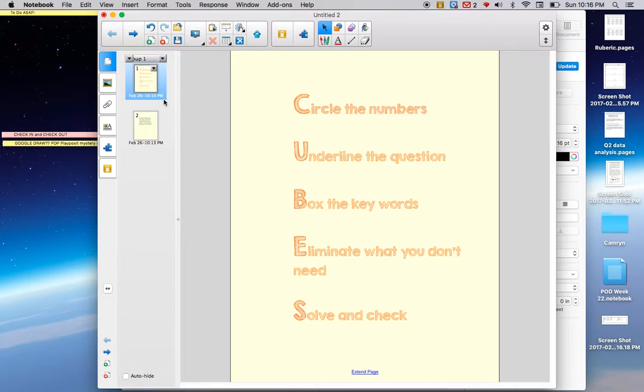So I want to talk to you about the cubes strategy a little bit and talk about what each letter means, because CUBES looks like this, but each letter stands for something in word problems. Down here, I have written them all cute in much prettier font.